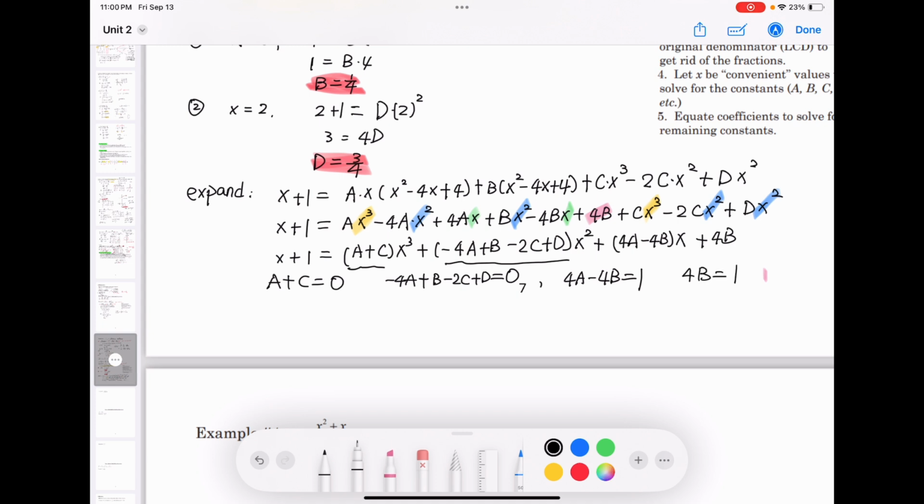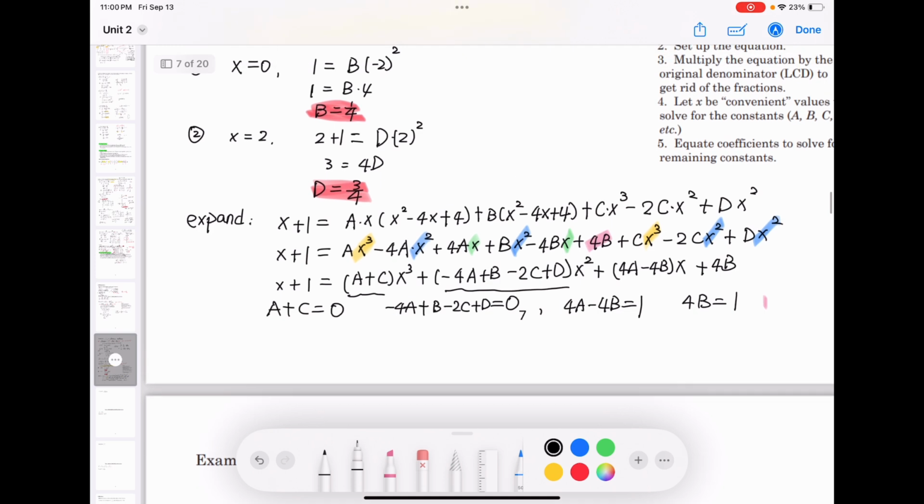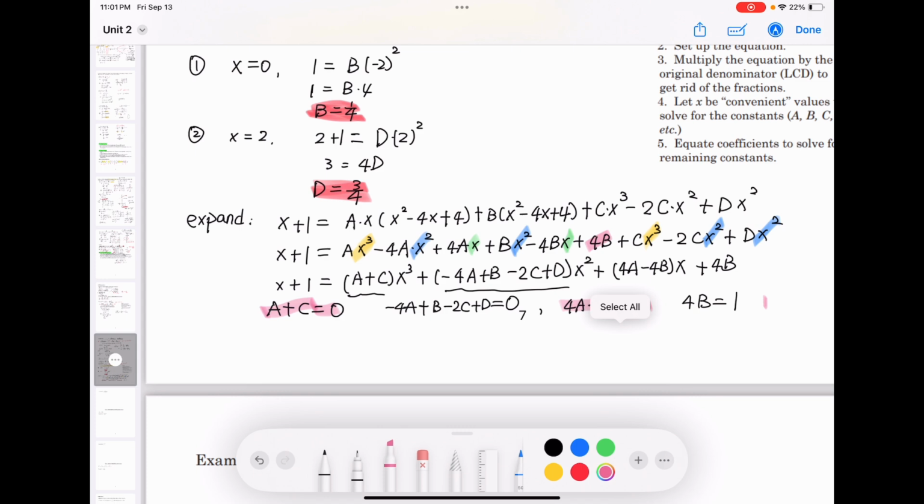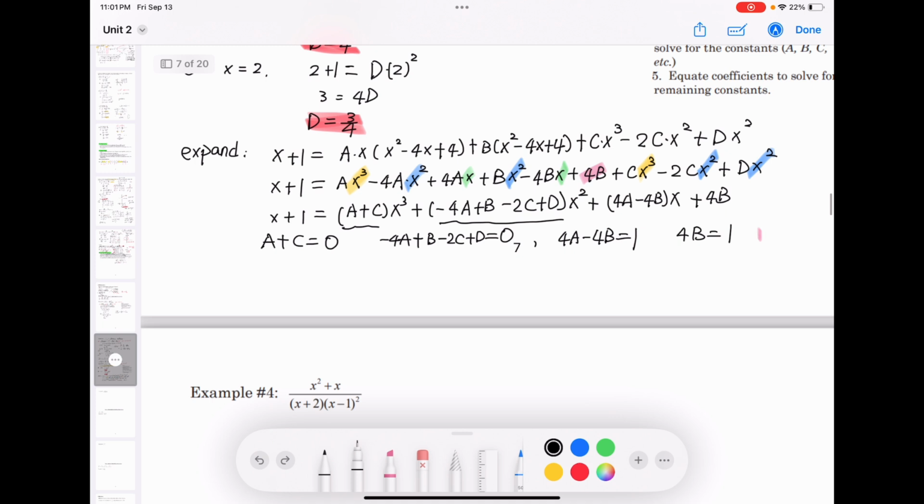So what are we looking for? We have b, we have d. We are looking for a and c. So which equations have a and c? Here has a and c, and here has a. Let's start from here and solve the easy terms first.